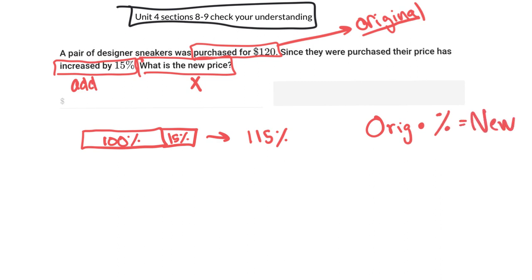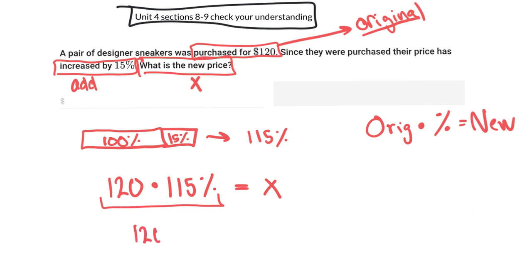So if we take our original price, 120, and multiply that by 115%, that is equal to our X, what we are trying to find. We can simplify this, and we have 120 times 115 over 100 is equal to our X.